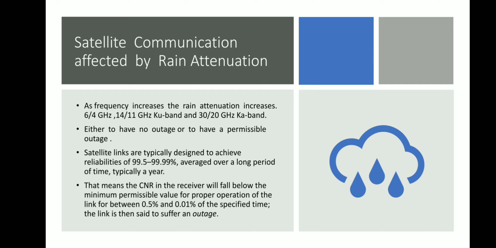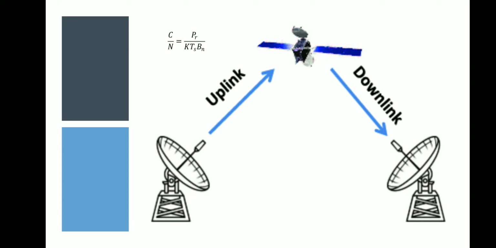So most of the time, as we go higher in frequencies, there is probability that we might have an outage. Because the rain attenuation is increasing, that might lead to an increase in the noise power and thereby decreasing the C by N ratio. As we saw in the last slide, C by N is basically equal to PR divided by kTsBN.